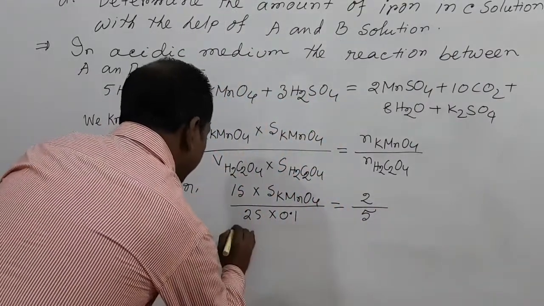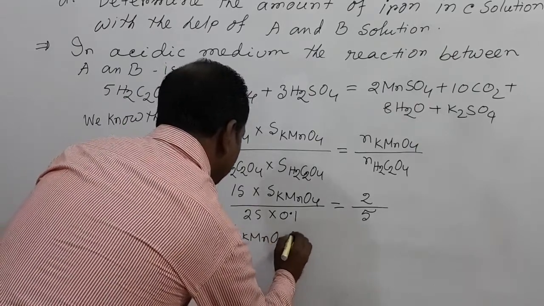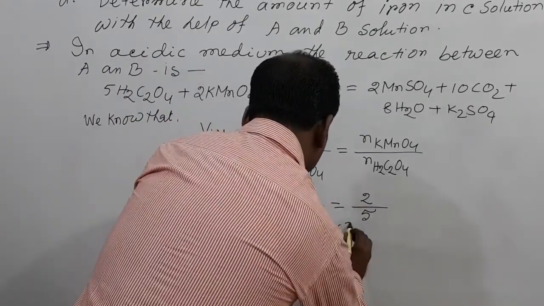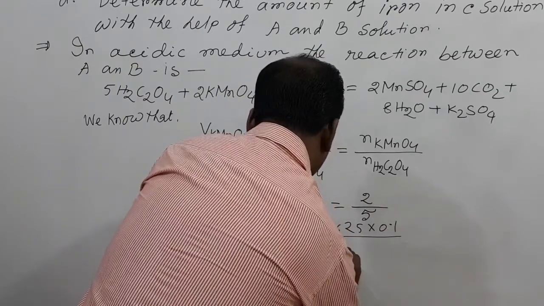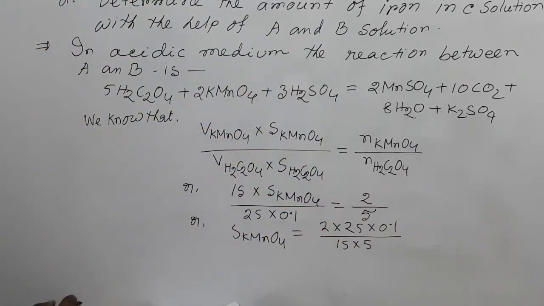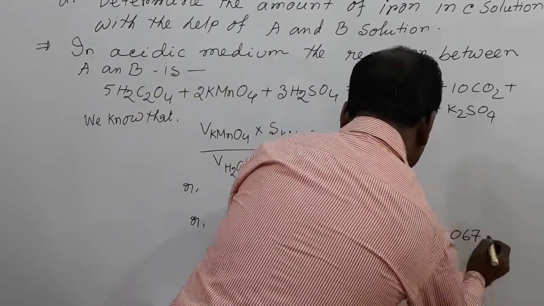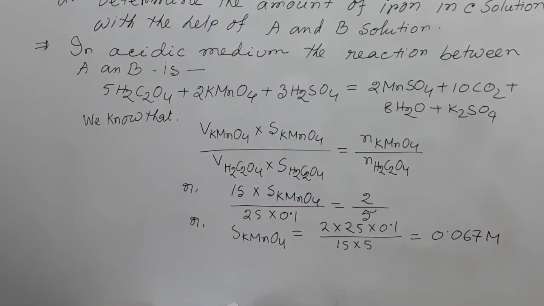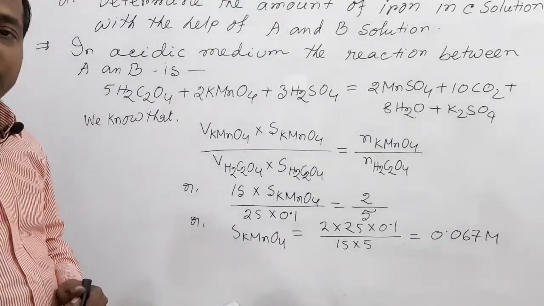So we get S KMnO4 equal to 2 into 25 into 0.1 divided by 15 into 5, and we get the answer 0.067 molar. So, my dear students, we get the concentration of potassium permanganate.